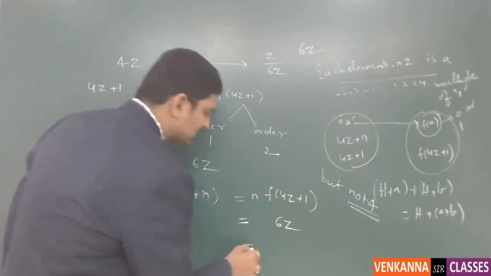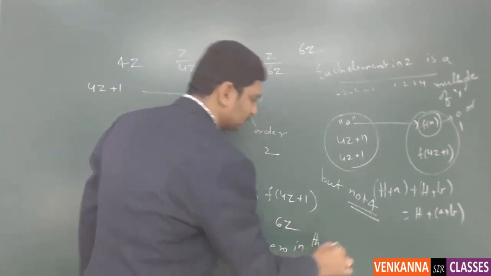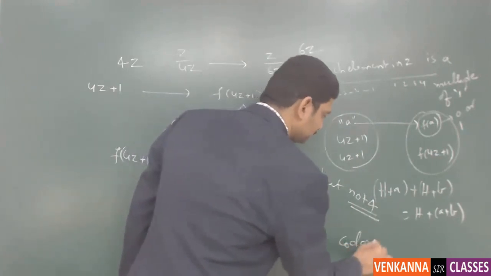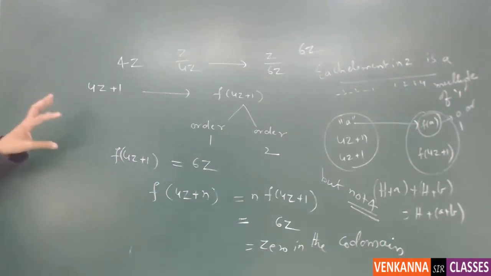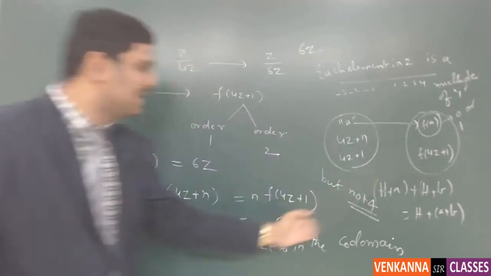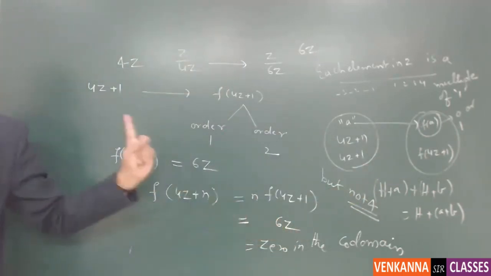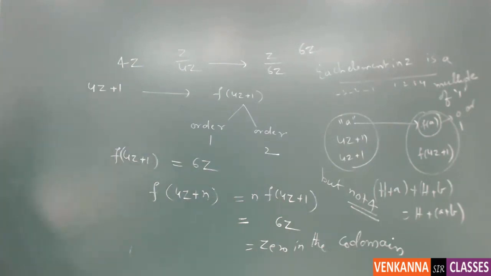So this is nothing but 0 in the codomain. So whatever element you take on the left hand side, you are simply pairing with the identity element there. That is one kind of homomorphism which we can have here. Okay? Clear? Are you getting the idea or not? How we are pairing the elements?